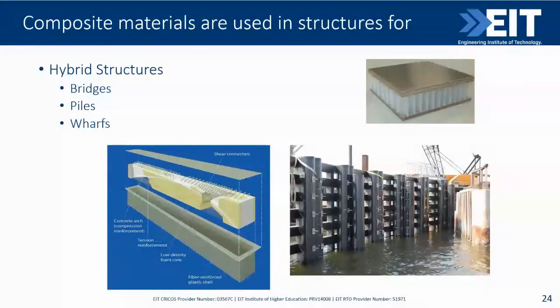For example, this beam here, I'm not going to go into much detail, but this shell, which forms a stay-in-place permanent formwork, I'm talking about a 20 meter span, is made of composite material.